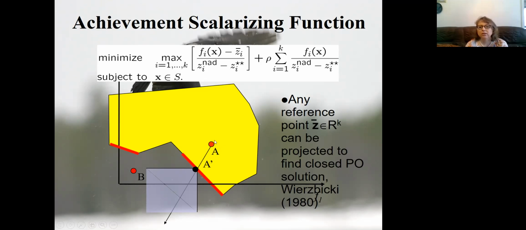It works if the reference point is achievable, and it also works if the reference point is unachievable, like in case of B. So once again, it projects the solution to the closest Pareto optimal one. So this function works independent of the problem being convex or non-convex, and also if the reference point is achievable or not.